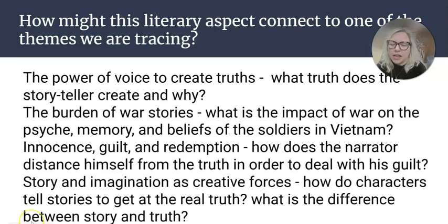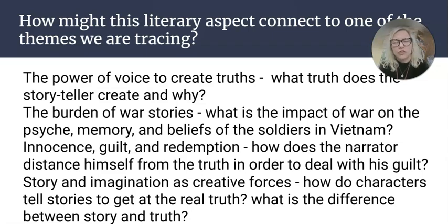And then the last one, story and imagination as creative forces. How do the characters tell stories to get at the real truth? We'll hear O'Brien talk about this a lot, that sometimes what actually happened isn't important.